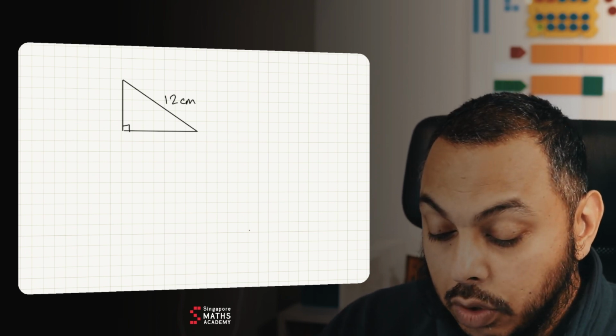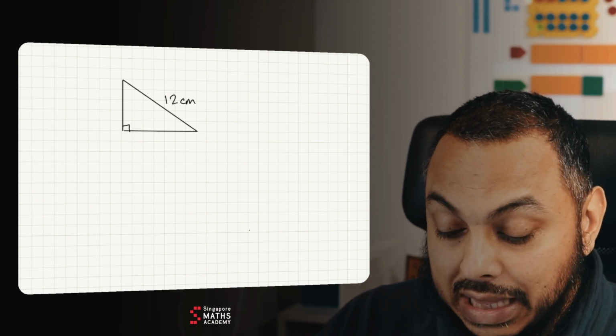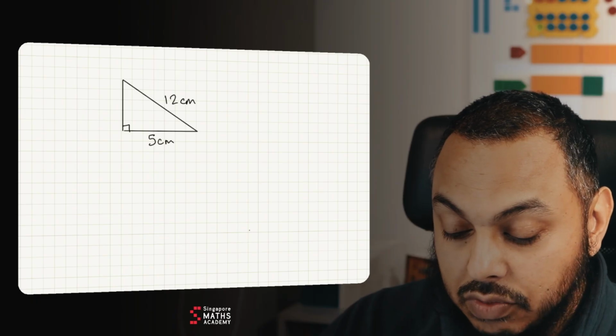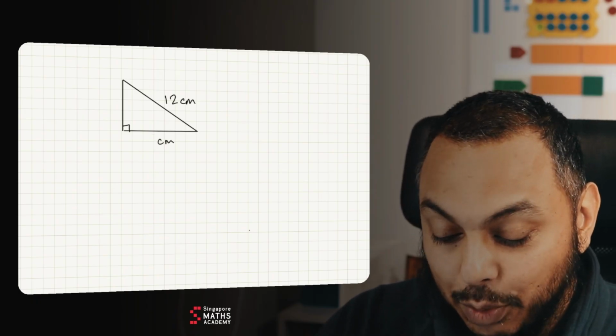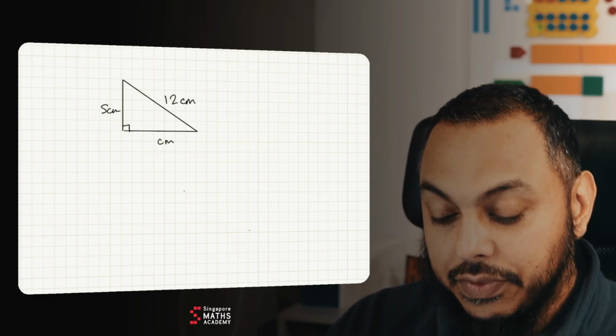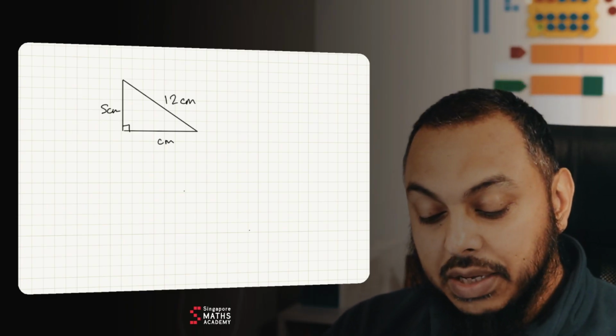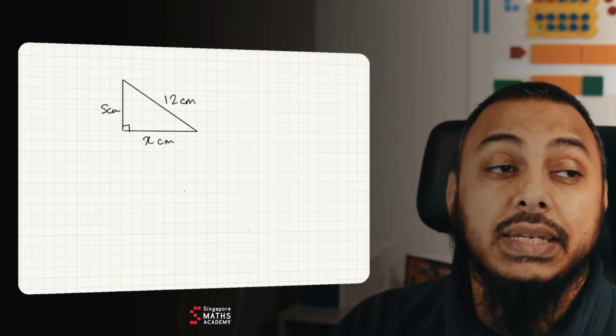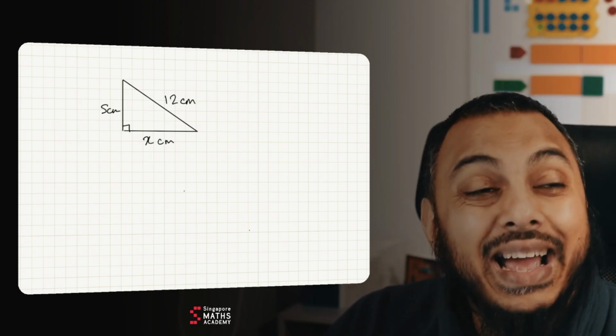So, for example, we might be told that this is 5 centimeters. So we've got 12 centimeters, 5 centimeters, and x centimeters. We're asked to work out what x is equal to.